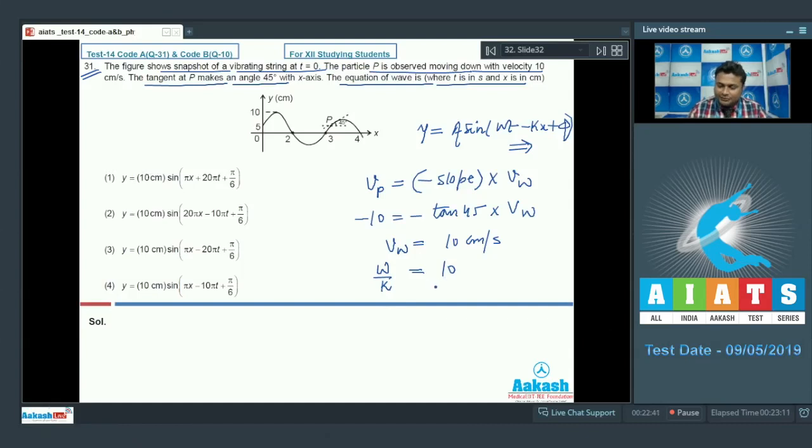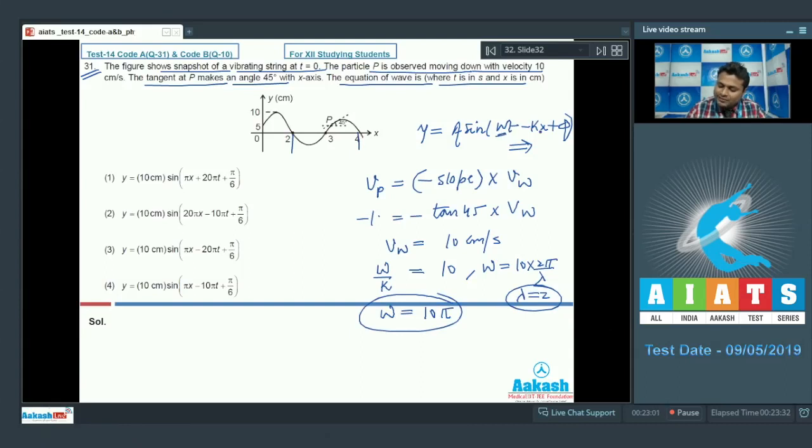So omega is 10 into k, that is 2 pi by lambda. Lambda will be here 2. Since lambda is equal to 2, therefore omega will be 10 pi.